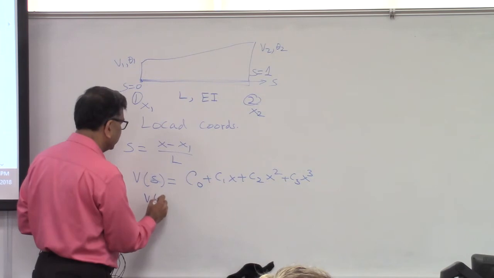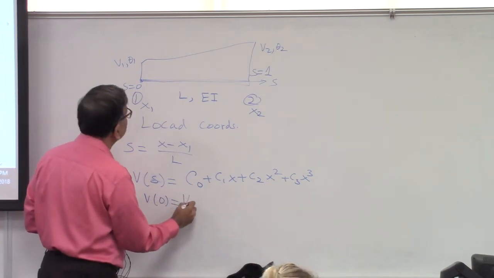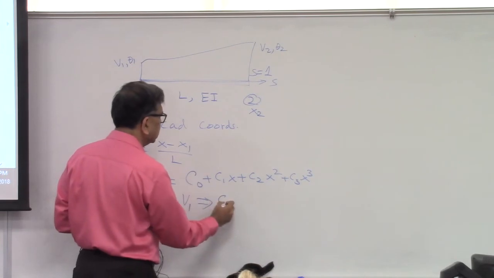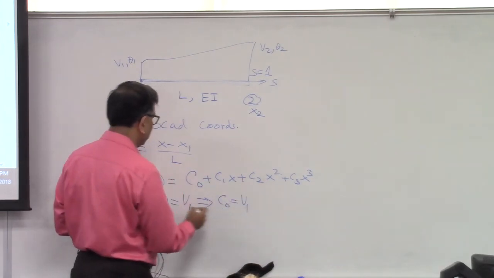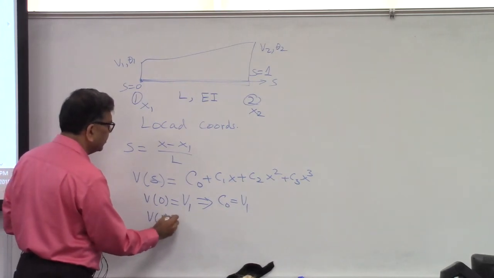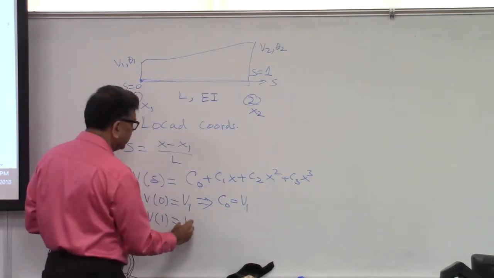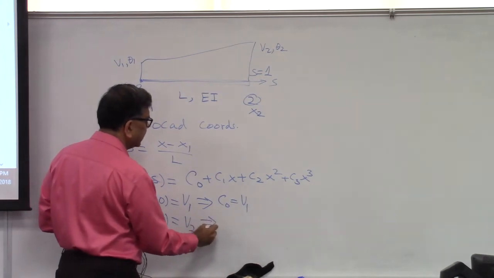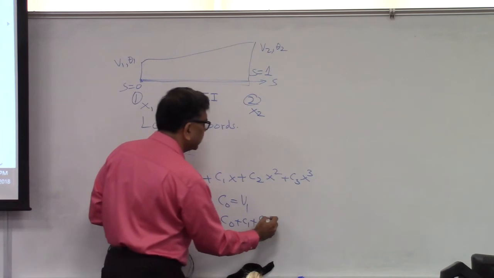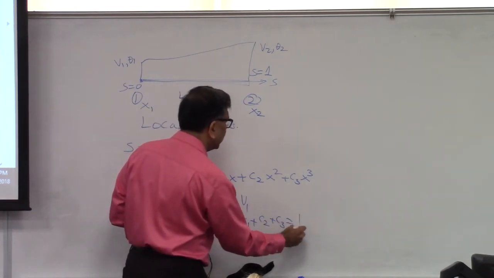I know V at s equal to 0 is going to be eventually V1. That means this constant C0 should be equal to V1. Okay? Similarly, V at the other end should be equal to V2. So I can set up an equation, C0 plus C1 plus C2 plus C3 should be equal to V2.